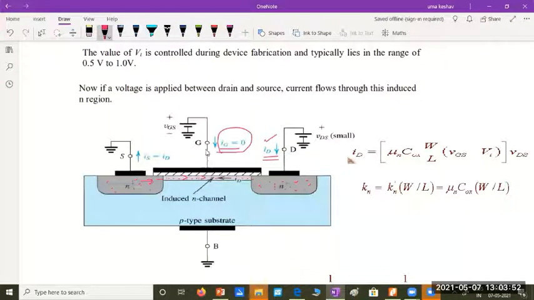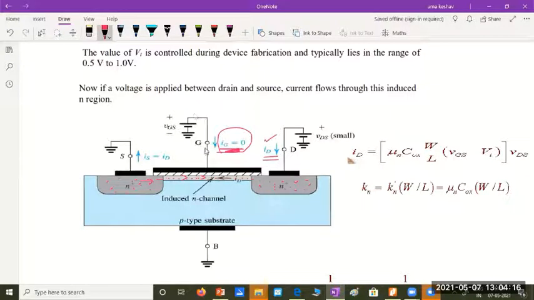See, only when electrons move from gate to the channel, there will be a current. But do I have movement? No. Why? Insulation. An insulated layer, SiO2 layer, is there in between. So there is no movement of electrons from the gate terminal into the channel. That's why this gate current is 0.